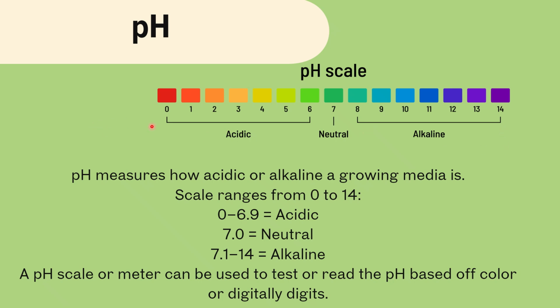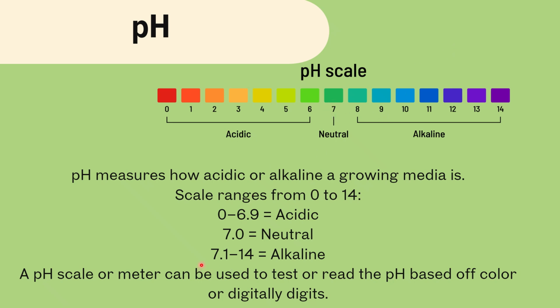So when it comes to the pH scale in general, it measures how acidic or alkaline, in this case, the growing media is. As you can see, the scale shows the range. To be more specific, acidic is from 0 to 6.9. Neutral is right there, dot on the dot at 7, sorry.